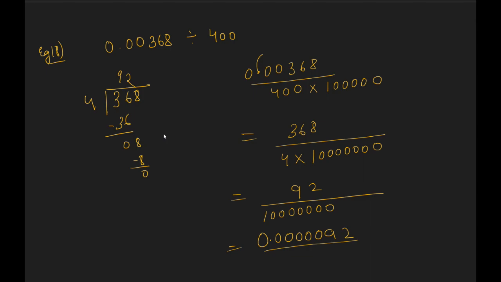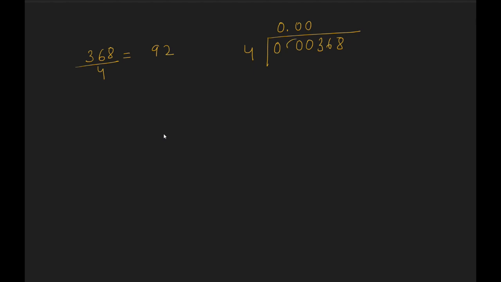And one more way is there to do the same question, children. Here what you can do is, we know 368 divided by 4 is 92. Okay, so 0.00368 when divided by 4, we get the decimal here, 0.00, and this 368 we need to divide.